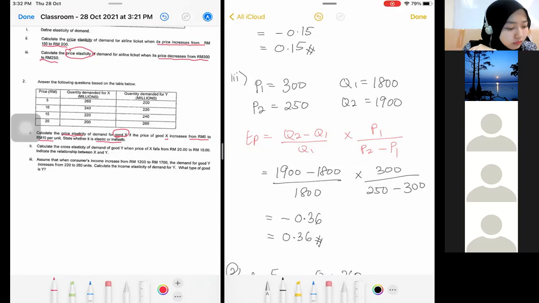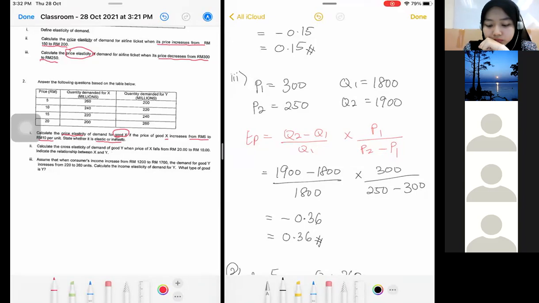Then divide by 1/8 first. You divide 250 minus 300, which gives us minus 50.